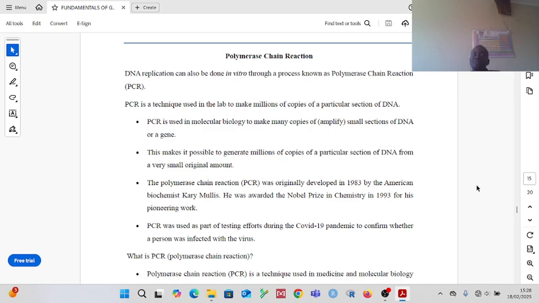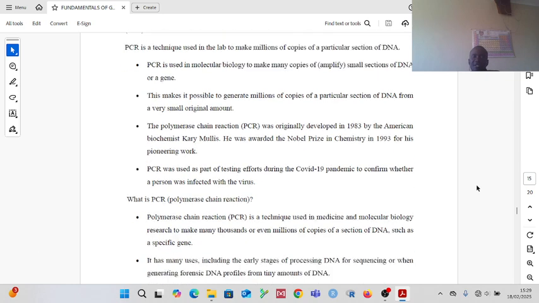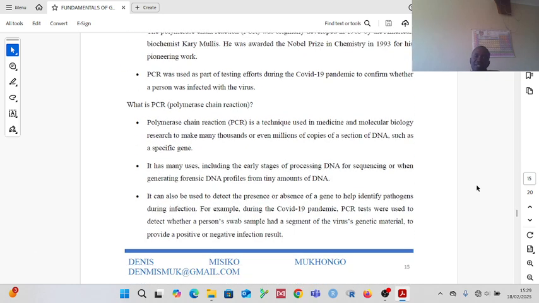You can think of PCR as a method of photocopying particular sections of DNA or genes. It's like a molecular photocopier. So let's now get deeper and try to understand exactly what this PCR is.